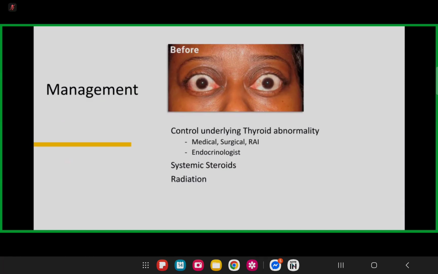That is the main problem, but they have eye symptoms, that's why they are referred to us, or the other way around. We are the first to detect that the patient has eye problems, and then on workup we notice a thyroid problem. We refer to an endocrinologist. So management can be medical, surgical, or even use of radiation.